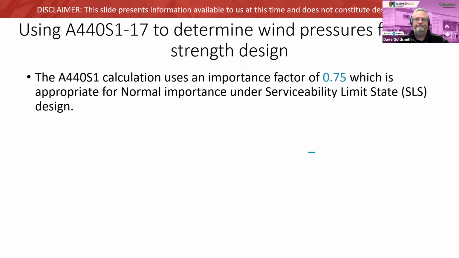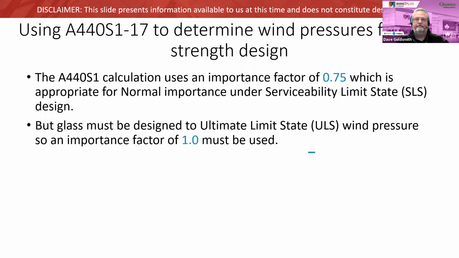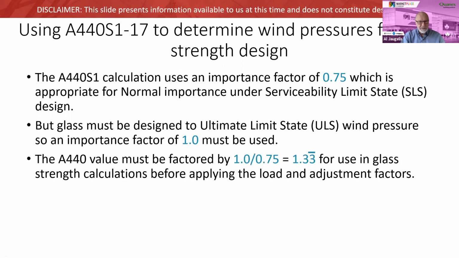Yes. So when we're designing glass, though, we need to design to the ultimate limit state, where the importance factor would be 1. So the design load you're going to use for the failure analysis is going to be higher than the design load you're going to have just for the serviceability analysis.